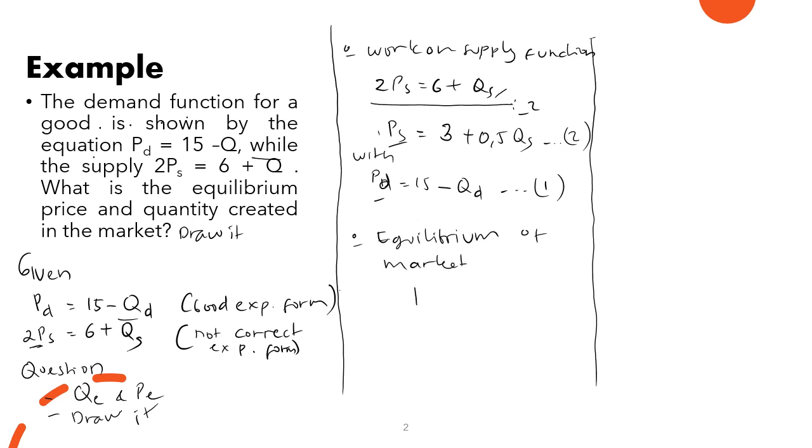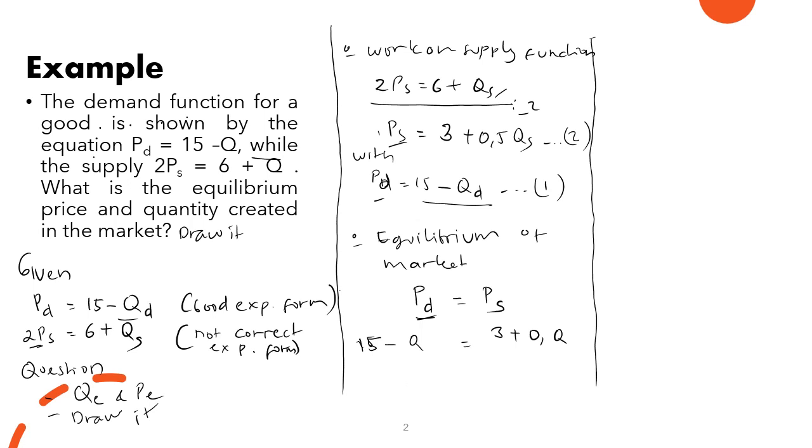I have already discussed that these should be equal. So 15 minus QD equals 3 plus half Q. Now you don't have to write down the D or S because they are now in the same position.